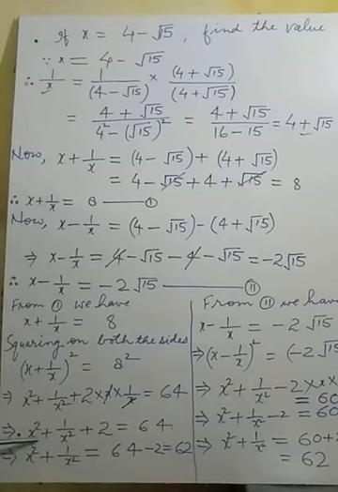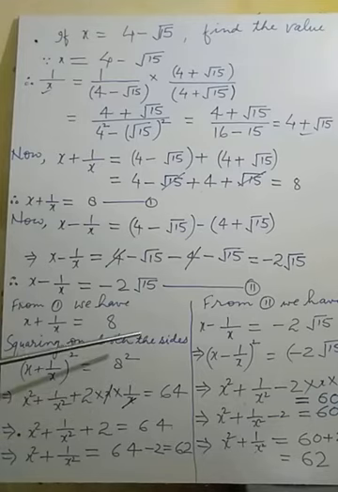It will be x square plus 1 upon x square equal to 64, and this plus 2 will go minus 2, so this will be 64 minus 2. If you subtract 2 from 64, that will be equal to 62. In this way, we can calculate the value of x square plus 1 upon x square.